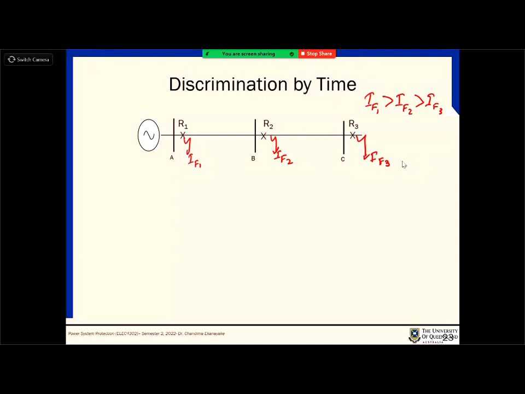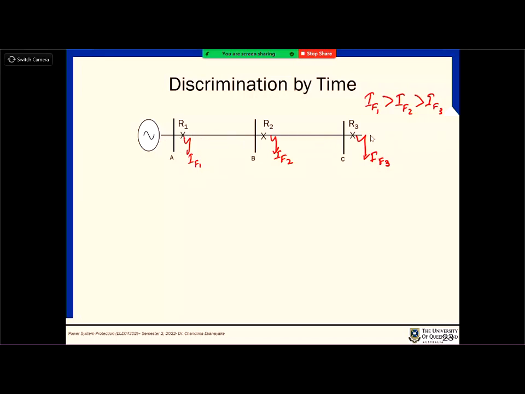Now the issue with the discrimination by time, that's what we are going to look at here. If you have discrimination by time, we know that the operating time of relay R1 is the slowest. But looking at this diagram, the fault current is larger when you are closer to the source.